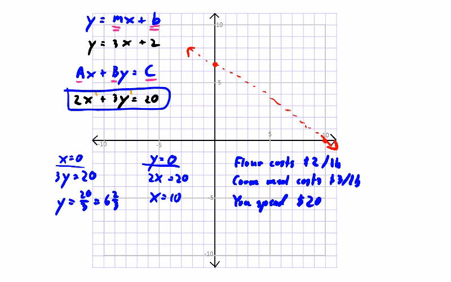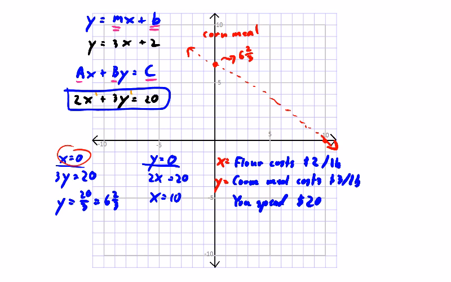We could, according to what we have first figured out, if we let x be the amount of flour that we have, we could buy no flour, and we could buy all cornmeal. We could let y equal the amount of cornmeal that we buy. And if we buy no flour, we could end up getting 6 2/3 pounds of cornmeal.